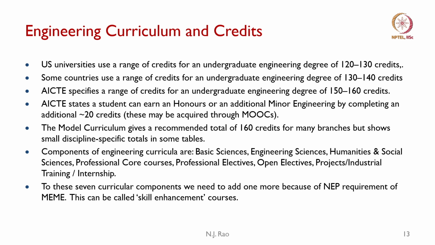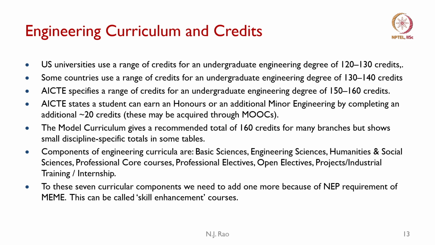AICTE also states that a student can earn honors or an additional minor in engineering by completing an additional 20 credits. These may be acquired through MOOCs, they have said. So over and above 160, the student has the capacity to do 20 more credits. He can get an honors degree.